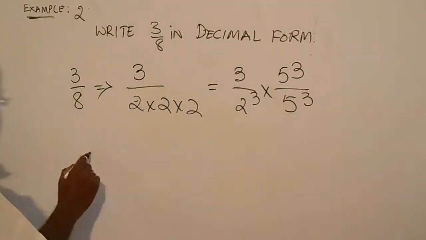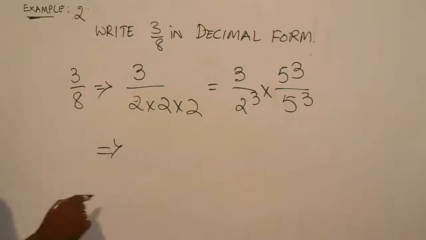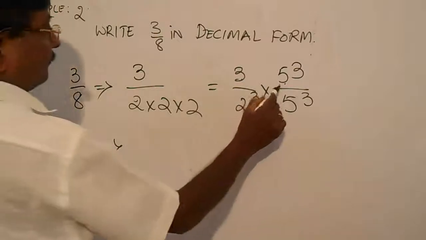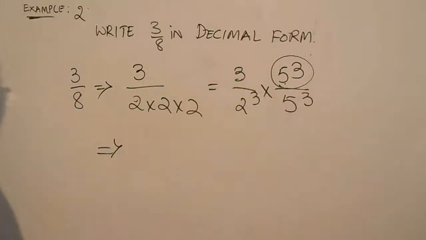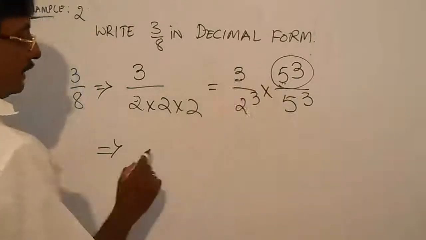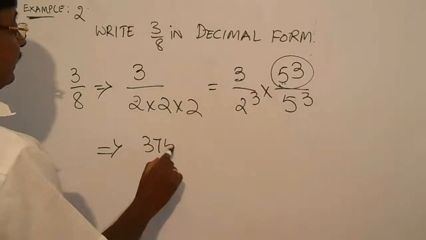What happens here is 5 to the power of 3: 5 5s are 25, 25 5s are 125, 125 3s are 375.